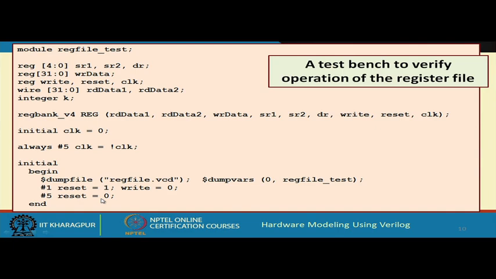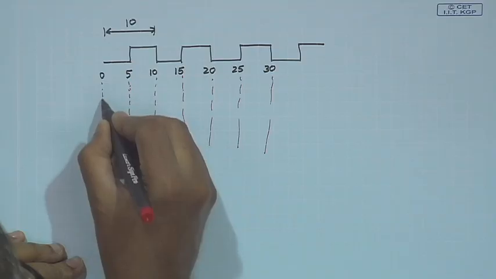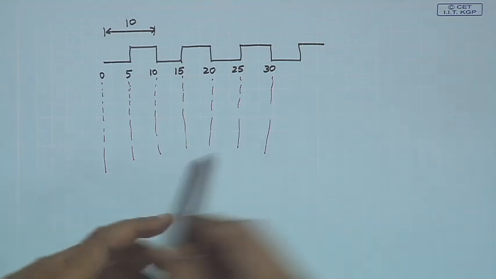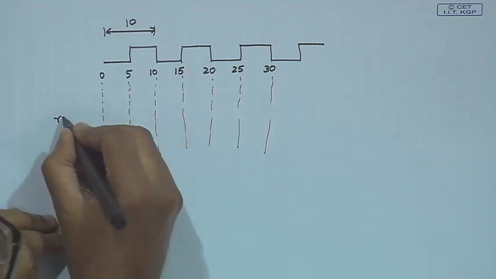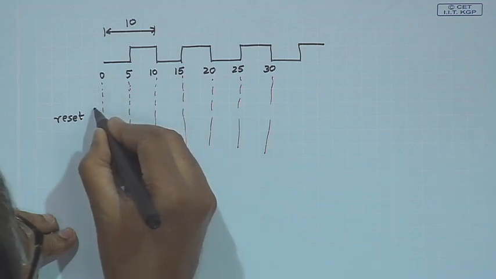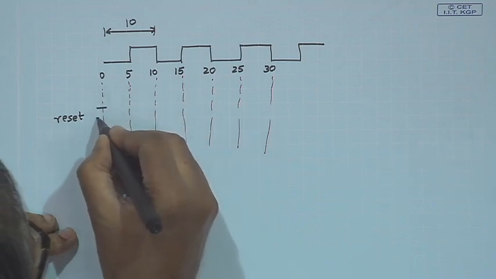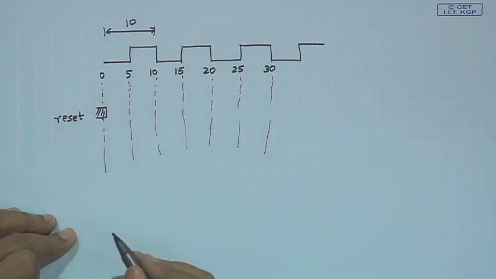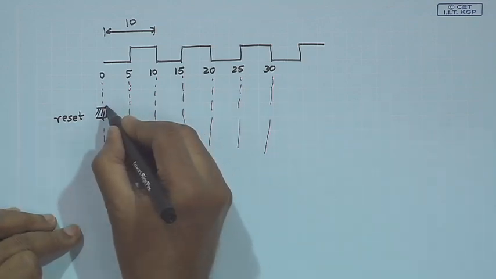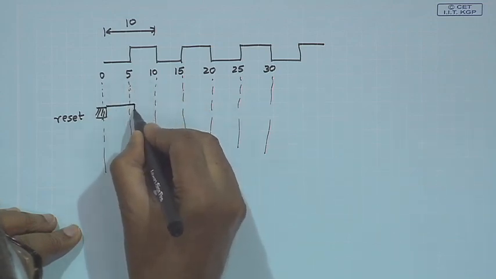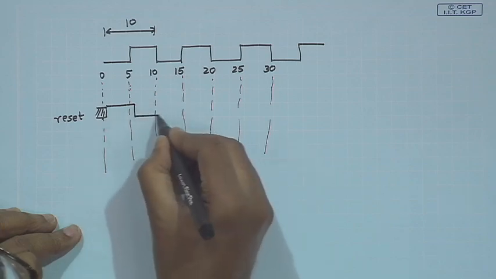So, what will happen? This is time 0, right. If you look into the reset signal, initially it was undefined. At time 1 you are setting reset to 1 and it continues 1 up to time 6, at time 6 you set reset to 0 and after that you do not make it 1 again.